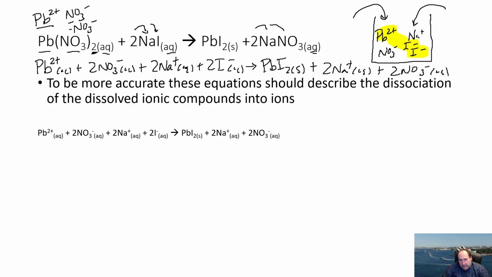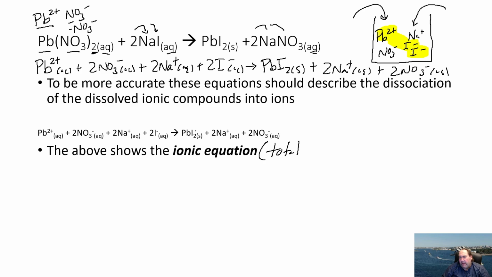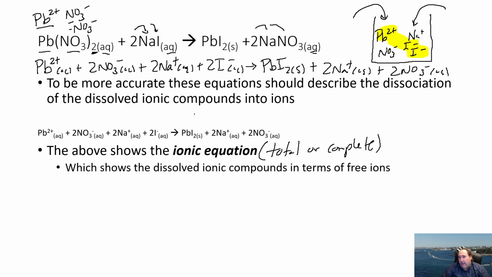So this equation, which is right here, is what is referred to as the ionic equation, sometimes called the total ionic or complete ionic equation. It's the equation that describes what's happening in the beaker. Anything that's an ion will be floating around freely, and anything that's a solid, liquid, gas, or weak electrolyte will stay together.